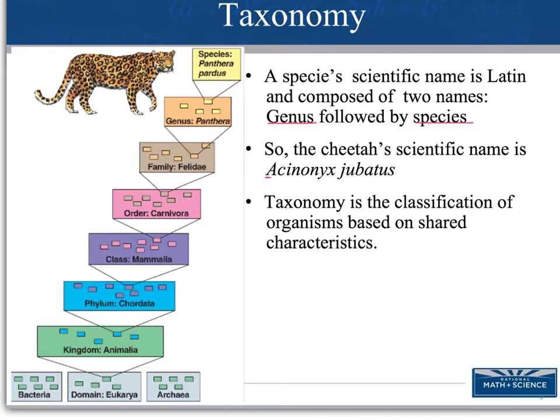The species name is lowercase. So this would be an example of a scientific name: Acinonyx jubatus. That would be the scientific name for a cheetah. So taxonomy is all based on classification, which is based on shared characteristics from one organism to another.